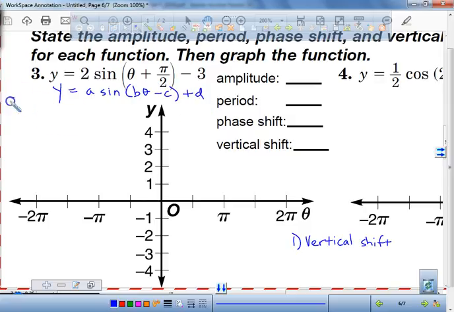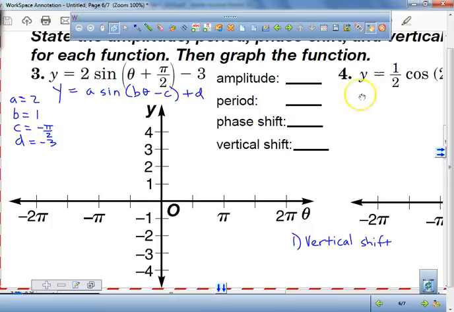My a value is 2. My b value, how many thetas do I have? I just have 1. My c value is actually going to be negative pi over 2, and my d value is negative 3. So I've identified A, B, C, and D.